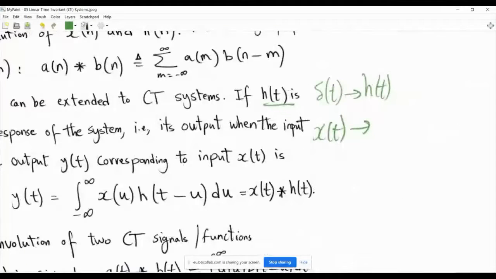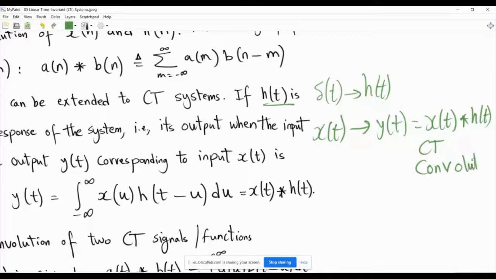If you want to compute the output, it is the convolution between x of t and h of t. This is the continuous time convolution, and by definition it is an integral that looks like this: the integral of x of u, h of t minus u, du.